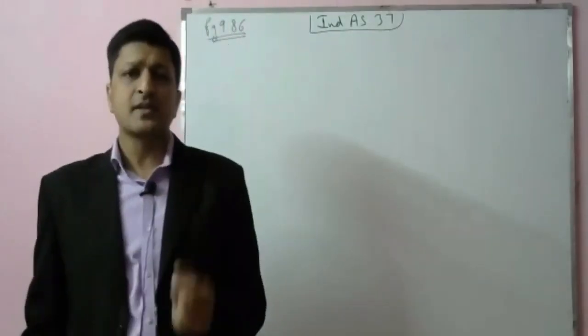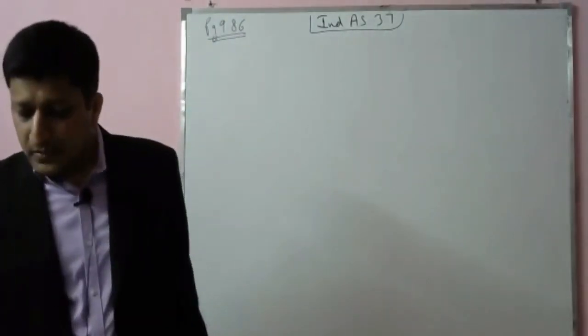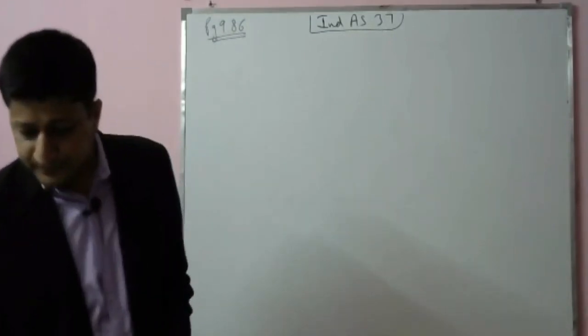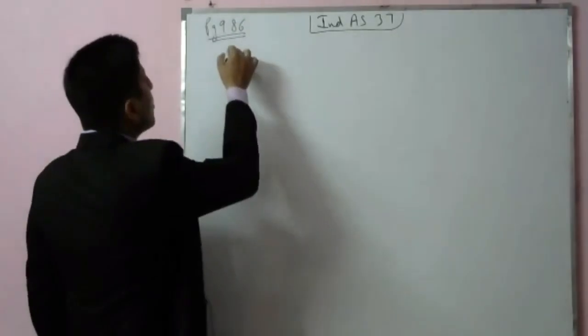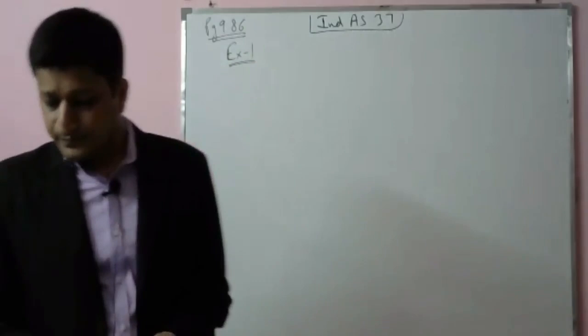So let's take some examples to understand the meaning of this executory contract, and I'll pick up this example from the study material only. Example number 1. On the same page, we can refer to example number 1.